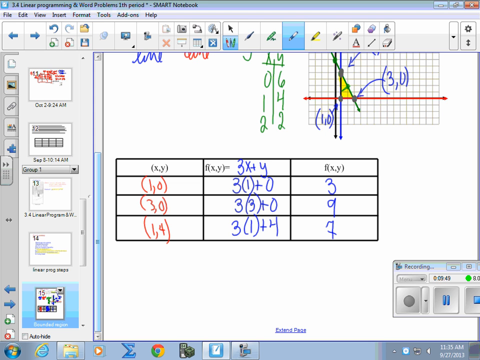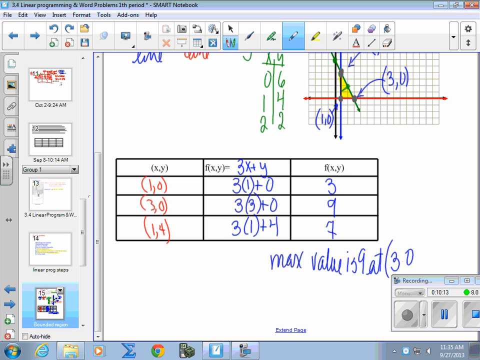So we need to look over here in this column and determine what is the maximum value and the minimum value. What's the maximum value? Maximum value is 9 at the point 3 and 0.